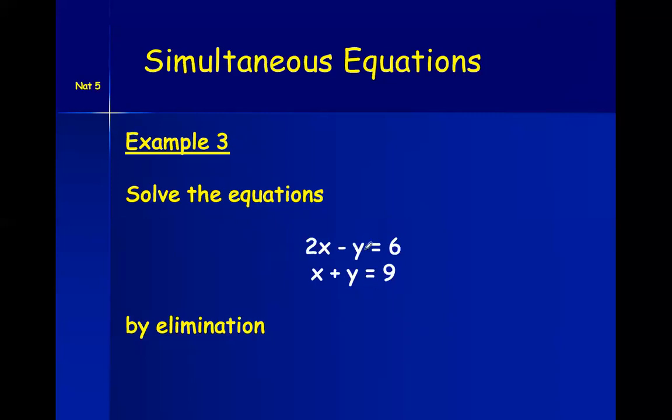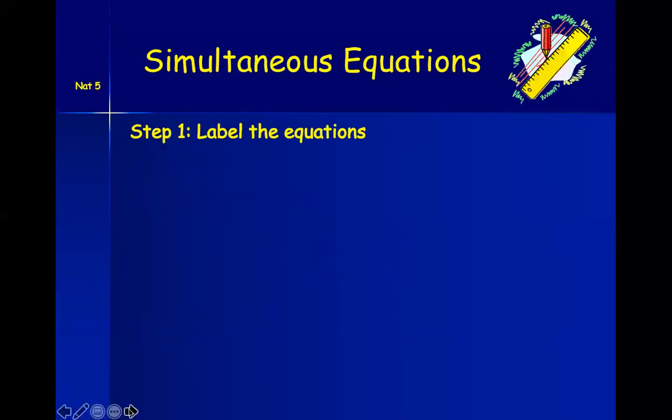So to eliminate them, after having decided which one is A, which one is B, instead of taking them away, what happens if I add them up? Remember, I'm going to label them. What if I do A plus B? What's going to happen to the y?